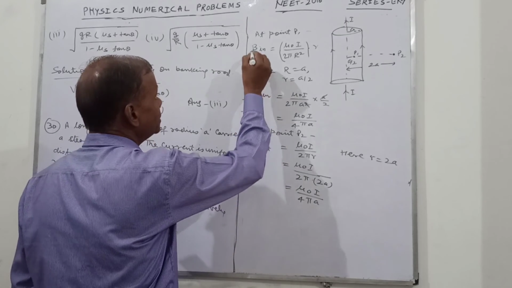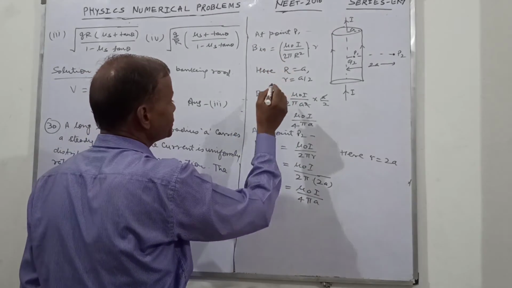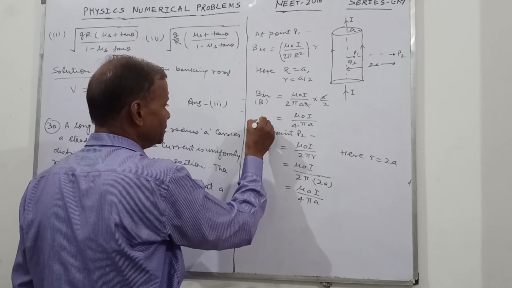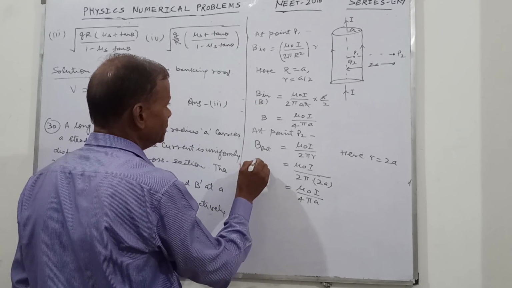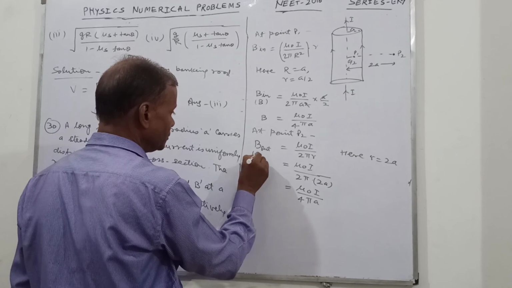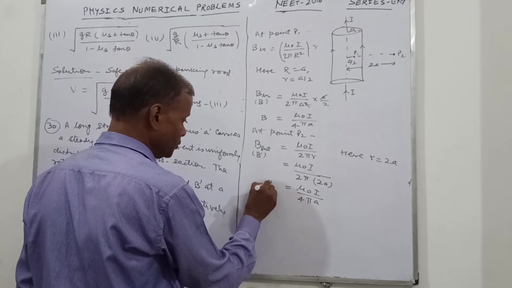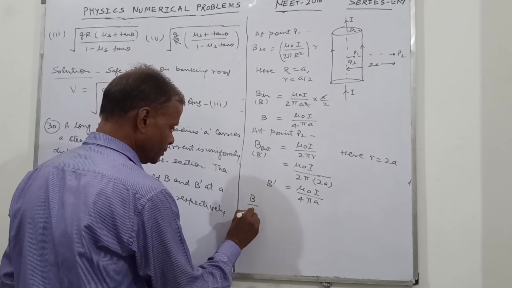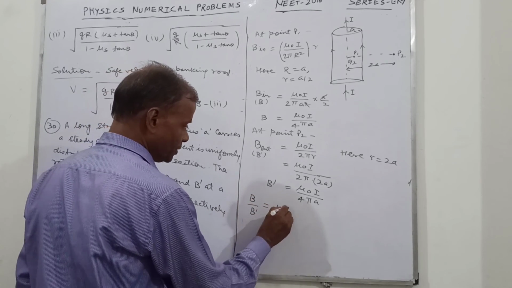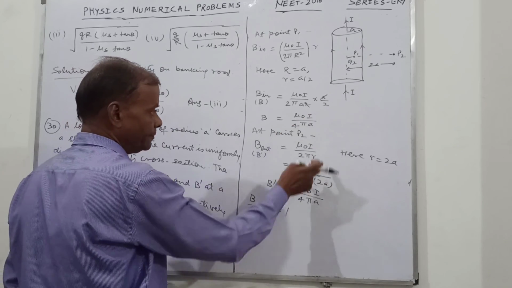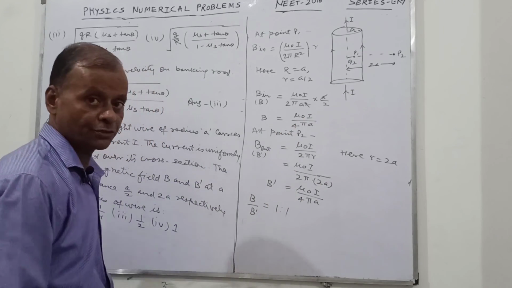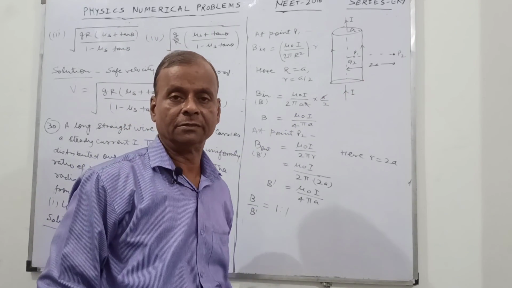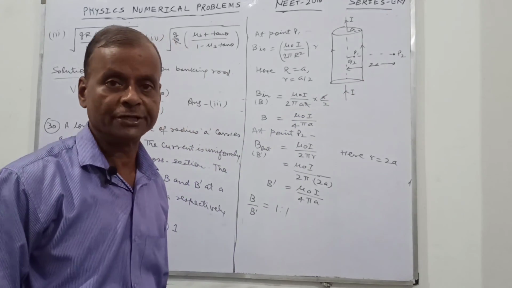So this is B, the B in, and this is the B out or B dash. So now B upon B dash equal to 1:1. Both are equal. So the ratio of the magnetic fields at these radial points will be 1:1.